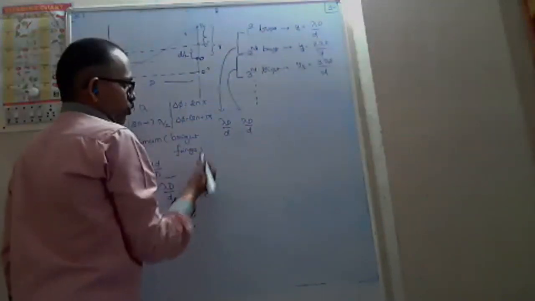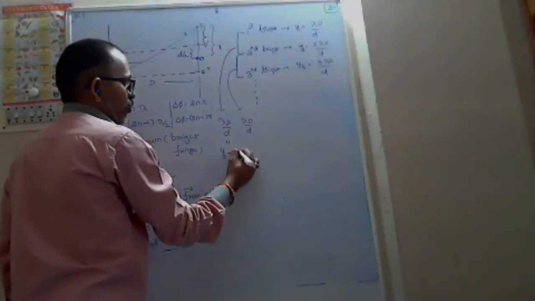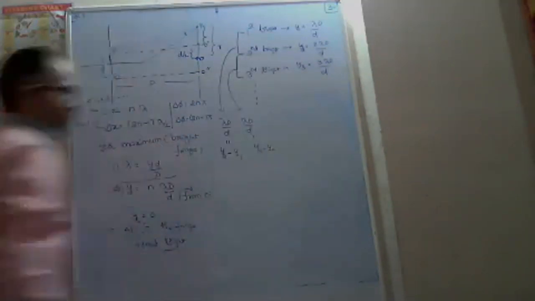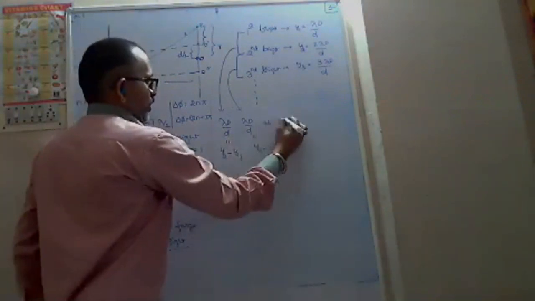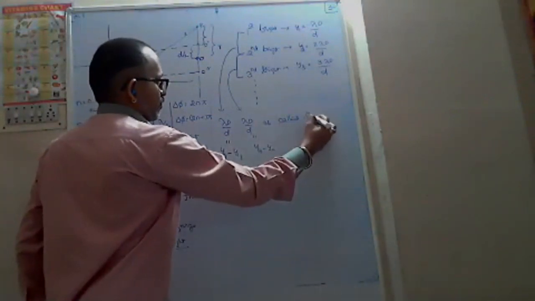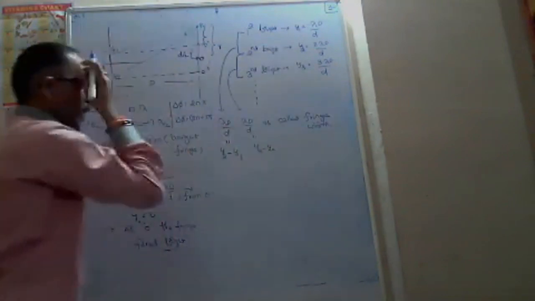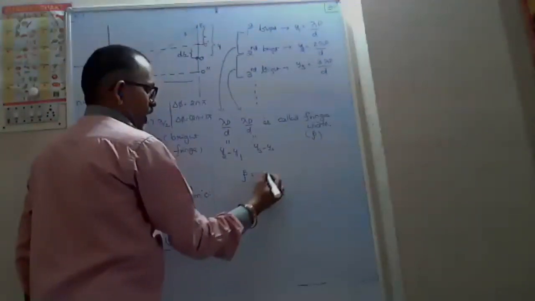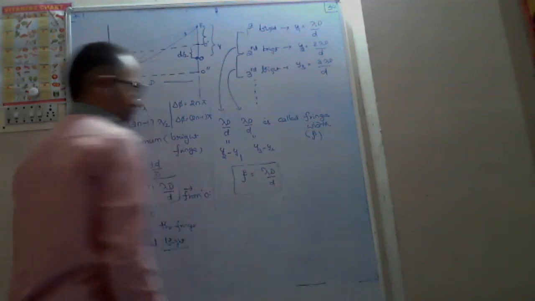So between y2 and y1, or y3 and y2, between any two successive, the separation is lambda D by d. That is called fringe width. It is represented with the letter beta. So the beta formula is lambda D by d.